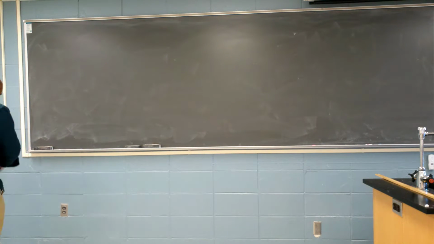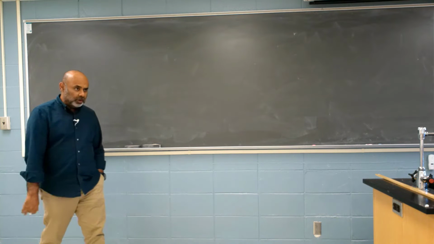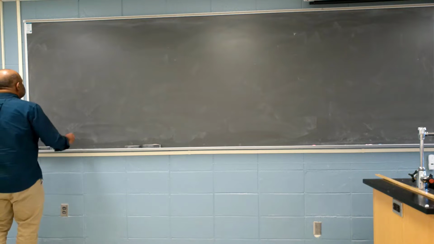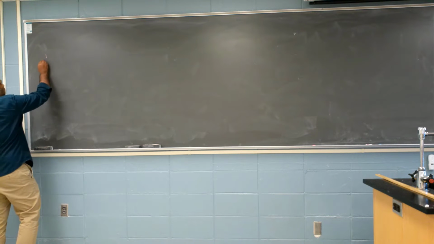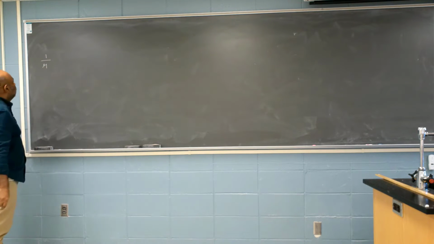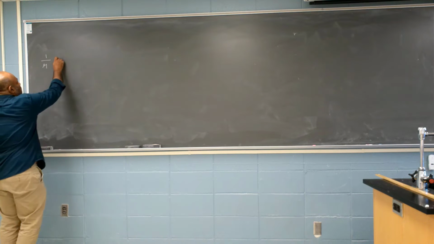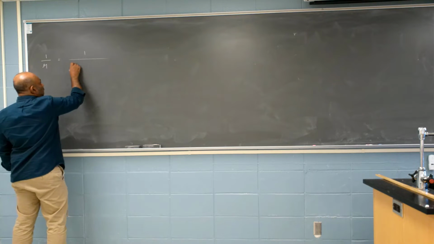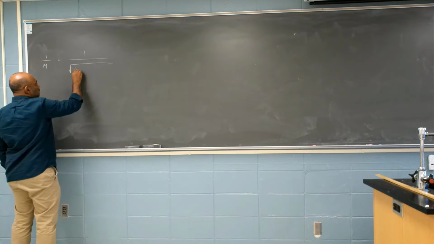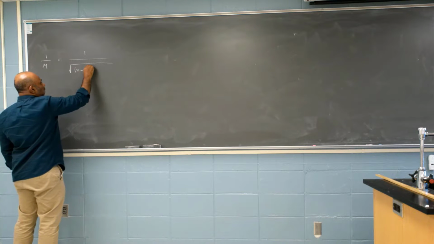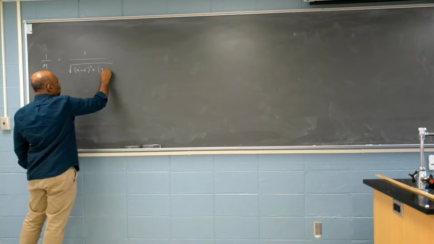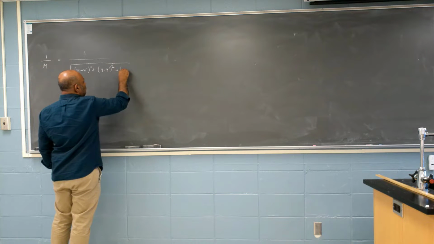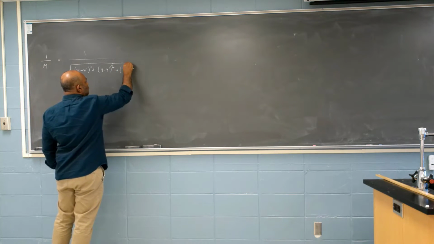Okay, so we need one more fact before I state and prove Helmholtz's theorem. Suppose this quantity, as you have seen in the integral, looks like 1 over the square root of, let me write this in Cartesian coordinates, x minus x prime squared plus y minus y prime squared plus z minus z prime squared.